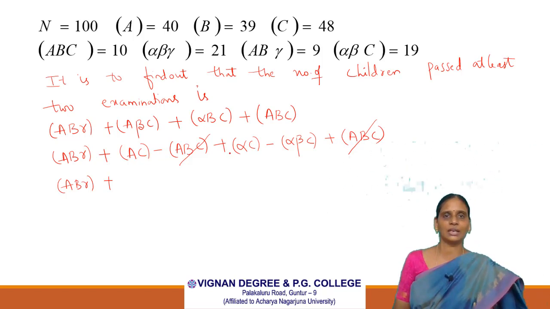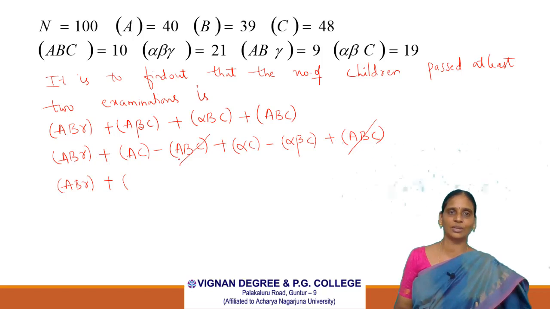Frequency of AC plus frequency of αC can be written as the first order class frequency, that is frequency of C, minus frequency of αβC.